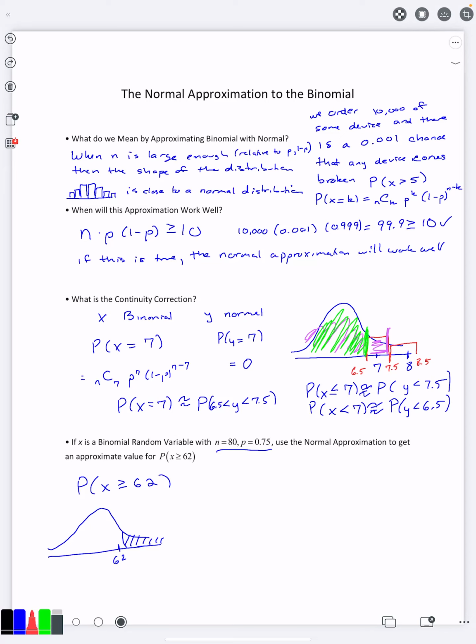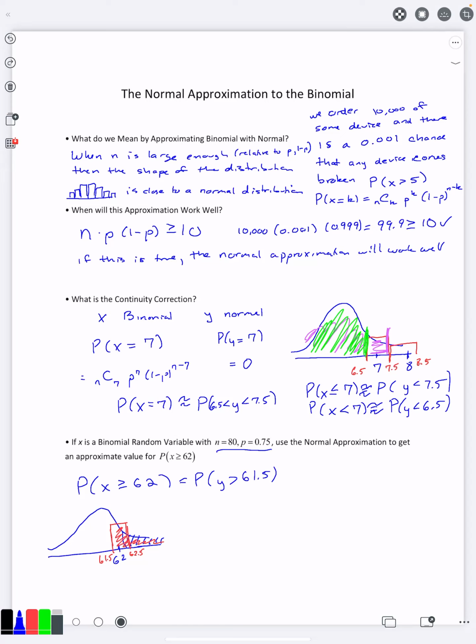I do want to include 62. So if I want the box around 62 and I want to include that in my answer, I'm going to need to start at 61.5.